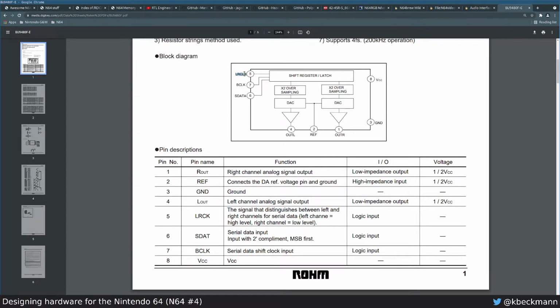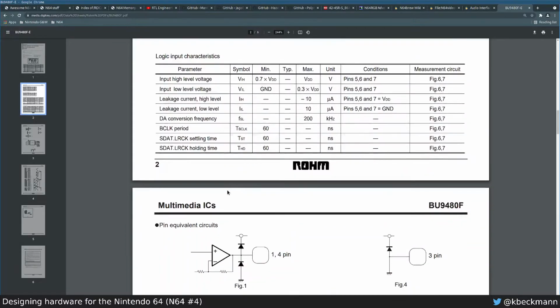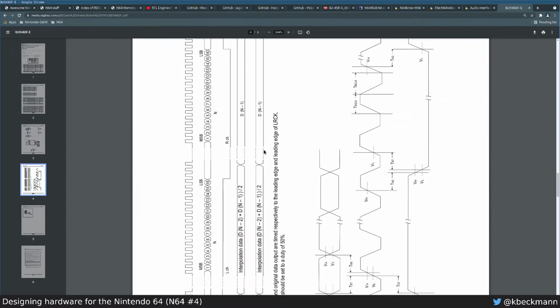You have serial data coming in, these are the samples, and then you have a clock, and a left-right clock, which is active when the left or right channel is active. It's very similar to I2S, but the difference is how the data is aligned.